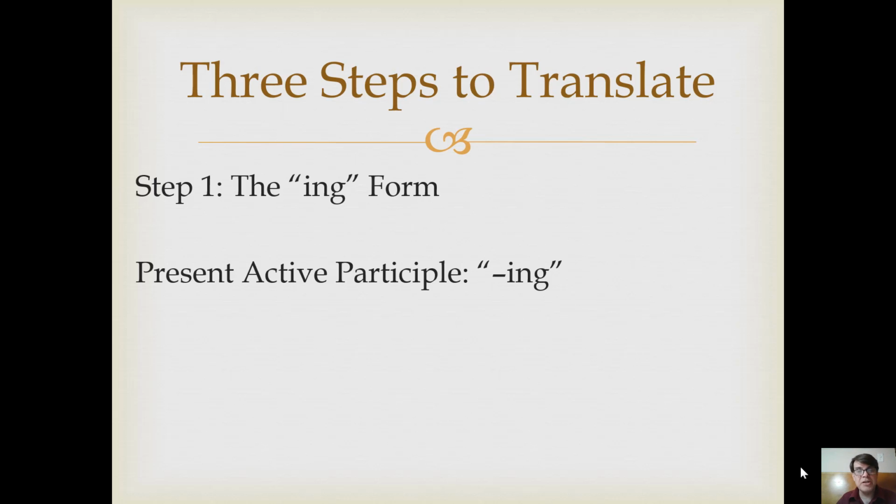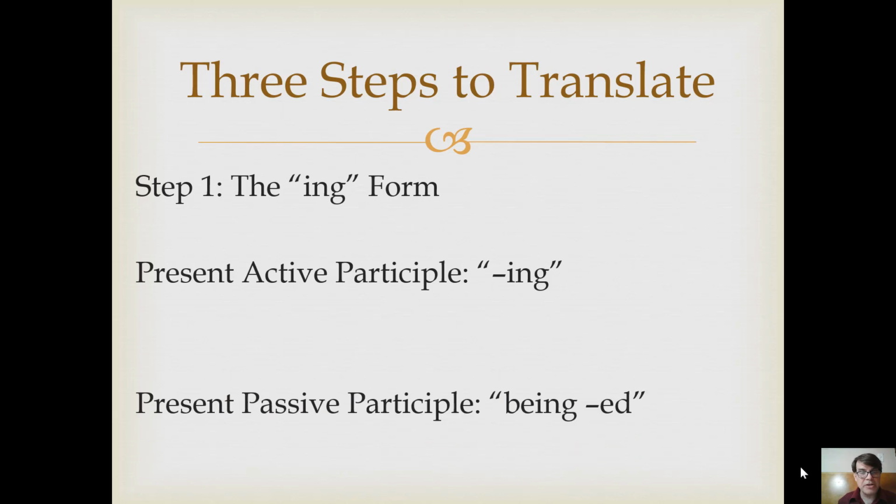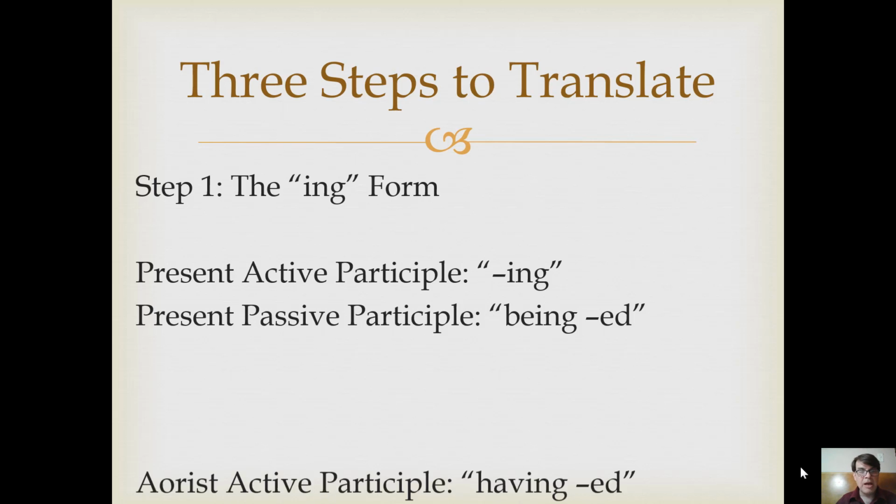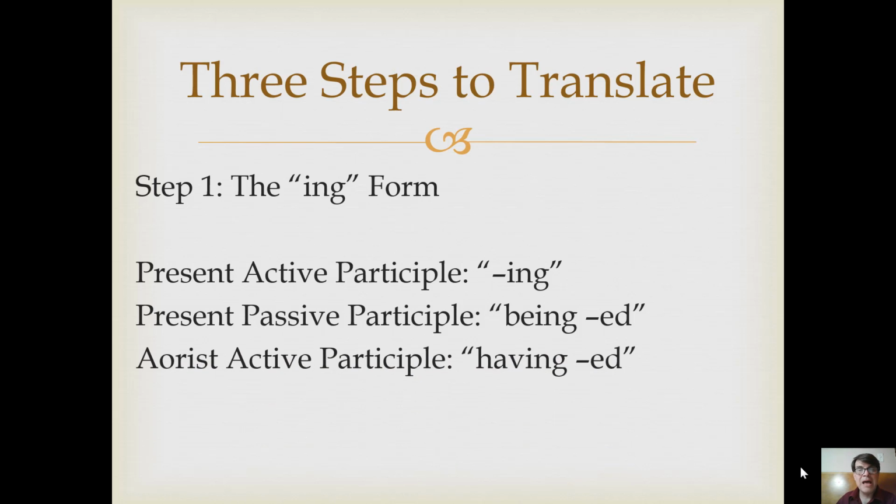So if it's a present active participle, try the ing form of the word, like walking. If it's a present passive participle, try being something. So being masked would be a present passive participle. If it's an aorist active participle, try having something.